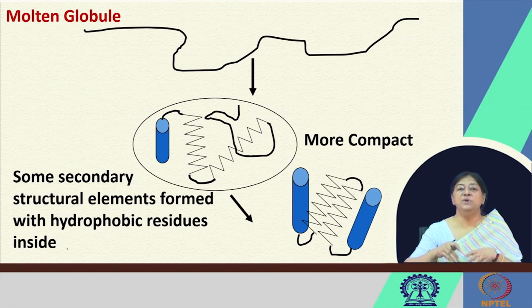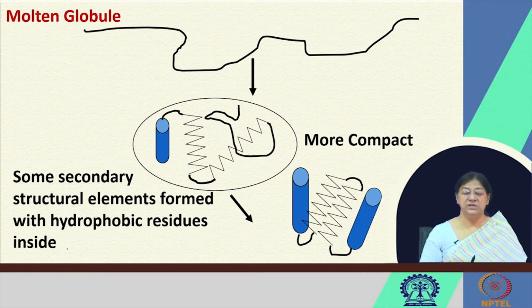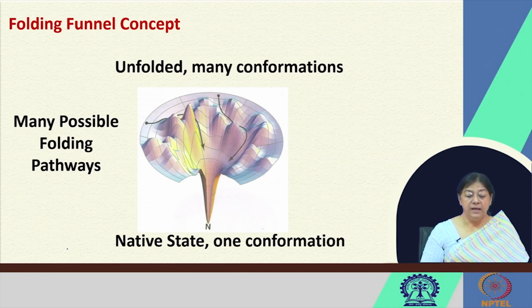Now, each protein will have its own way of folding, but usually the molten globule way is where some secondary structural elements are formed, the hydrophobic residues tend to get into the central part of the protein, the hydrophobic core, and the rest readjust to form the overall compact three-dimensional structure known as the protein. The folding funnel concept is what is in vogue.